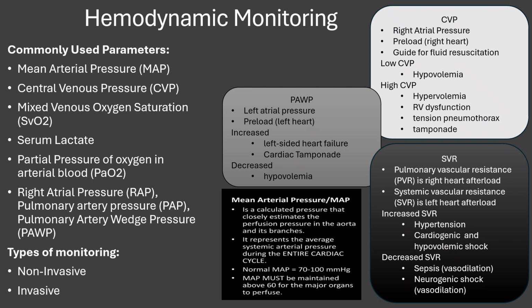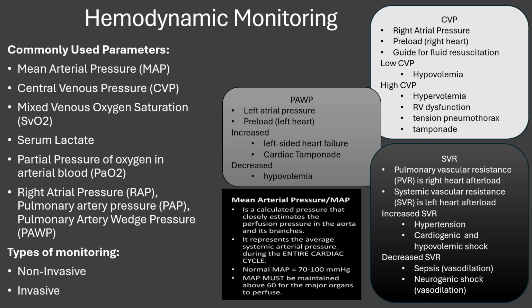And your MAP is just your average blood pressure in the arteries during a cardiac cycle, and it is a better indicator of how well blood is flowing to vital organs than the systolic blood pressure. I always look at my patient's MAP unless they are end-stage renal, because they're going to have lower MAPs. Plus, I don't really care if their kidneys are being perfused because they don't work anyways.